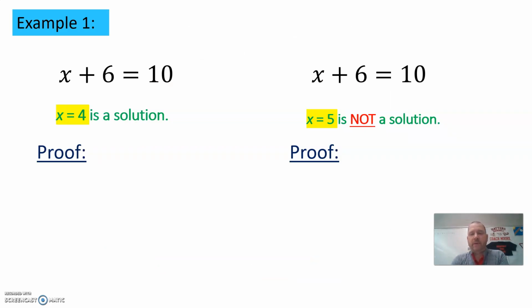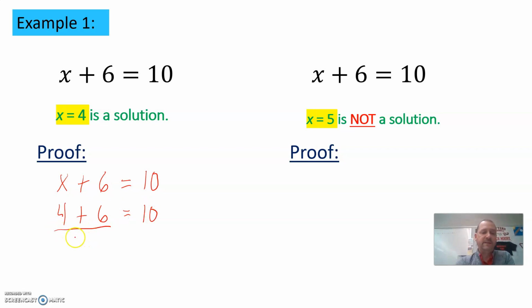Let's look at an example here. On the left, we have x plus 6 equals 10, and they're saying x equals 4 is a solution. So you can give the proof. If I have x plus 6 equals 10, and I substitute 4 for my x, I'm going to go ahead and solve this.